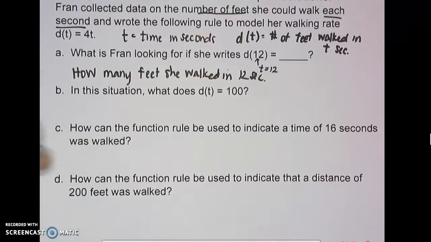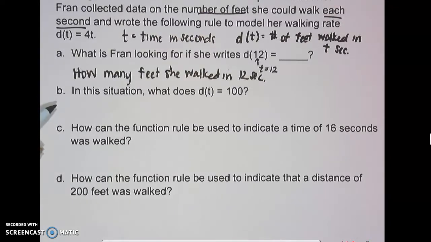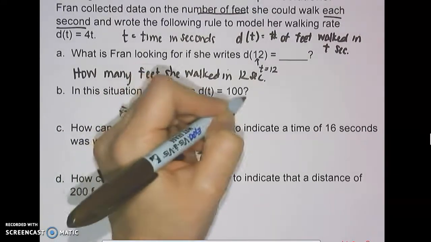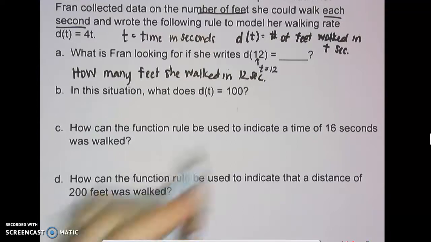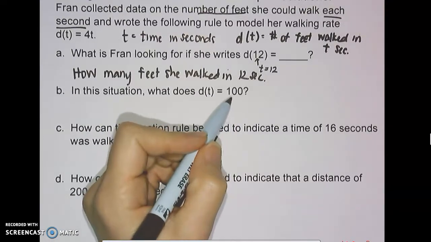Okay. Next one, in this situation, what does d of t equals 100 mean? Since this is after the equals sign, that's telling us that it's our ending result. Okay? Our ending result, which means 100 would be the number of feet.